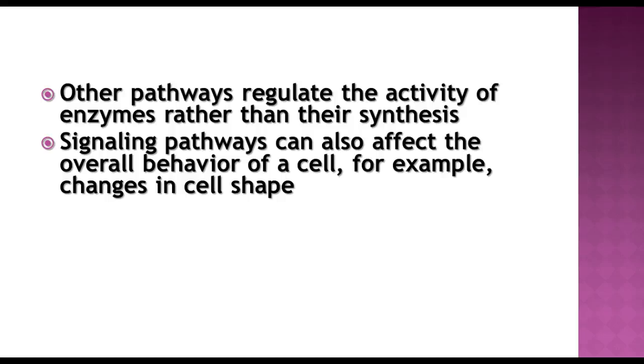There are lots of other pathways that regulate activity of enzymes rather than their synthesis. Sometimes they deactivate enzymes or activate enzymes. They can also affect other behaviors of the cell, like changes in cell shape and so forth.